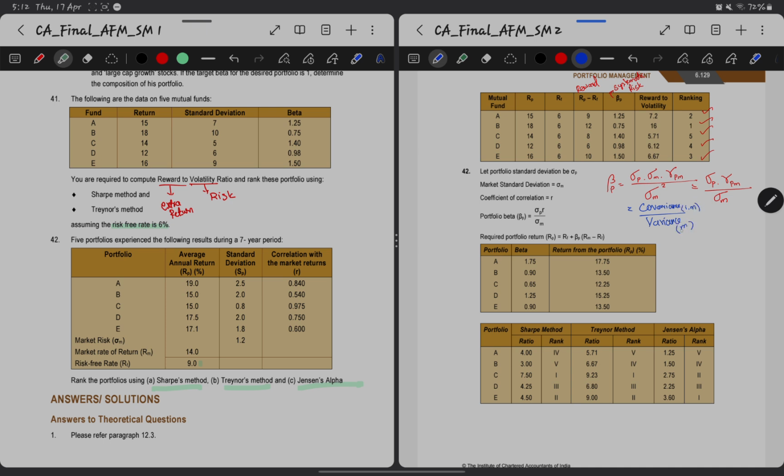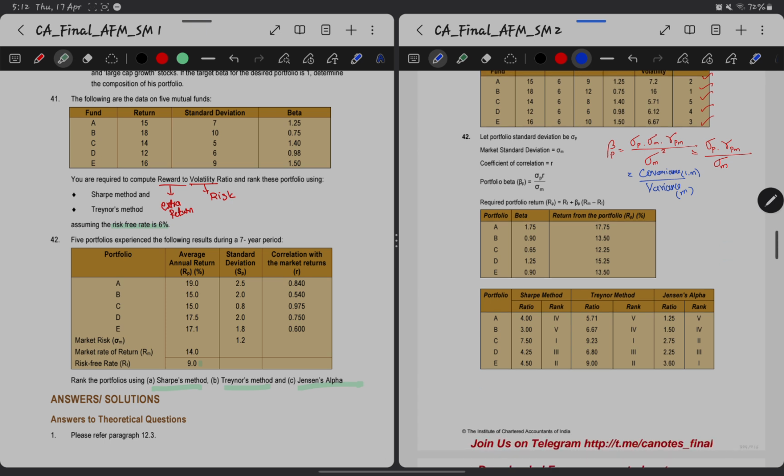Covariance is nothing but standard deviation of the portfolio multiplied by the standard deviation of market multiplied by correlation coefficient of portfolio with market, divided by the variance of market. With this, the standard deviation of market in the numerator and the denominator can be eliminated, hence arriving at this formula. That's what ICAI solution also used here.